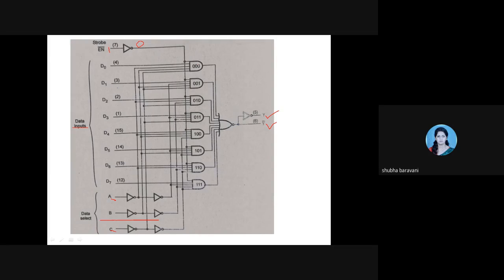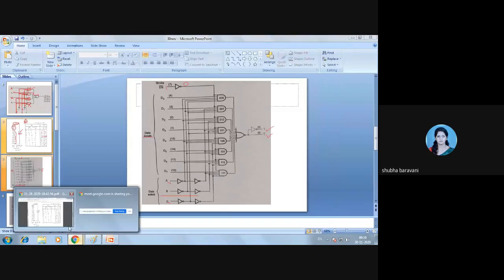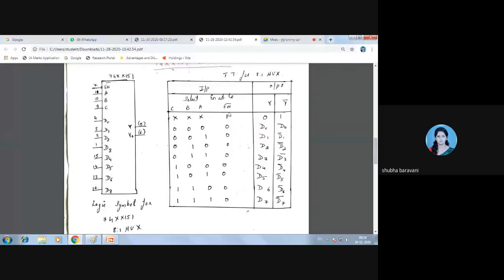It means your IC is in inactive state. Whatever the state of your select lines, your output will not be present, meaning Y active high will be 0, active low will be 1, meaning the IC is in the inactive state. Is this first column clear?